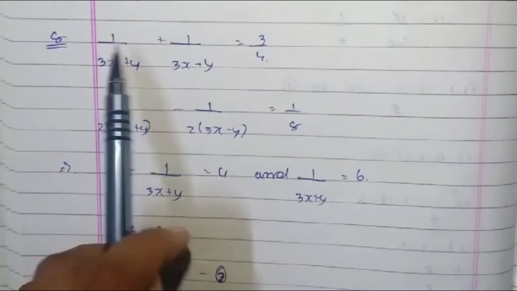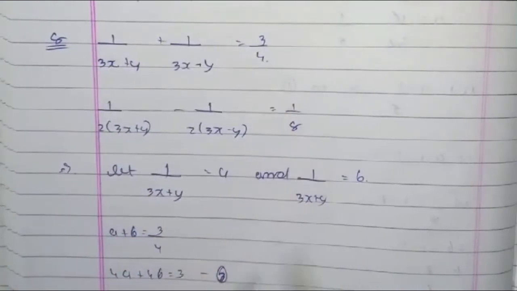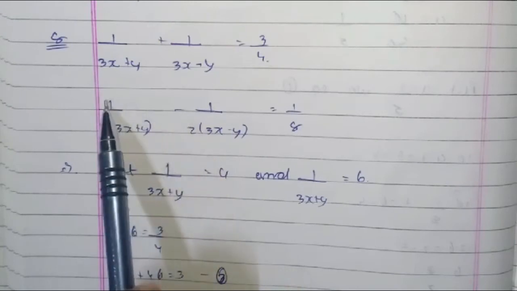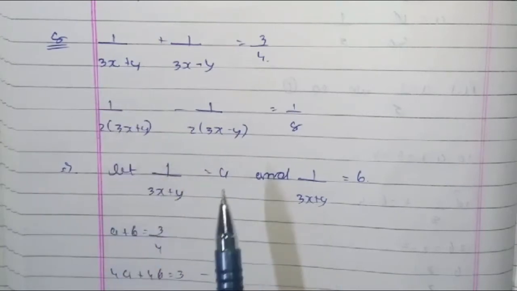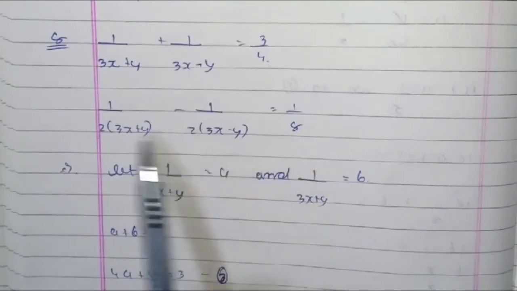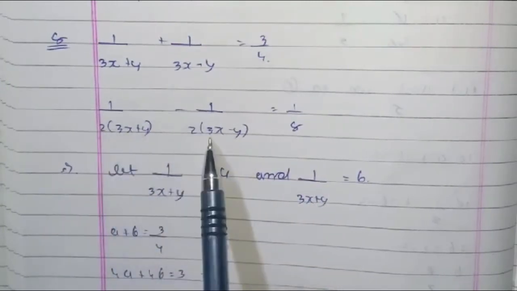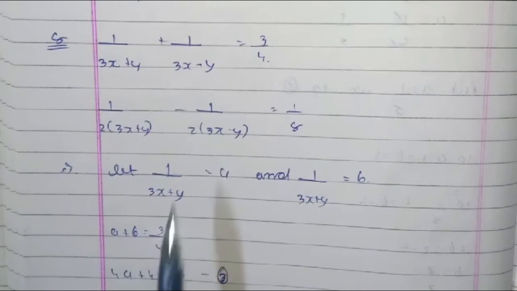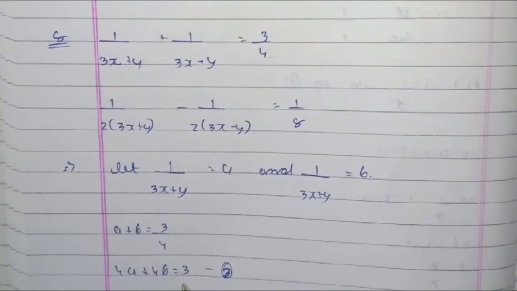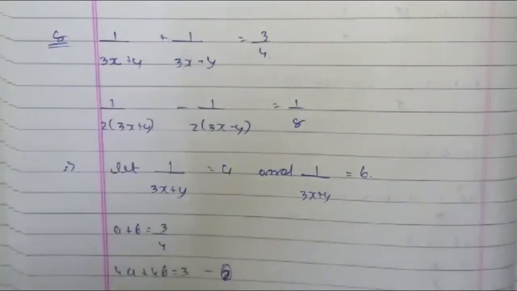Now we put in our equation. So here a plus b is equal to 3 by 4 and here a by 2 plus b by 2 is equal to 1 by 8. Now we can take the LCM. 4 is the LCM, so 4a plus 4b is equal to 3.